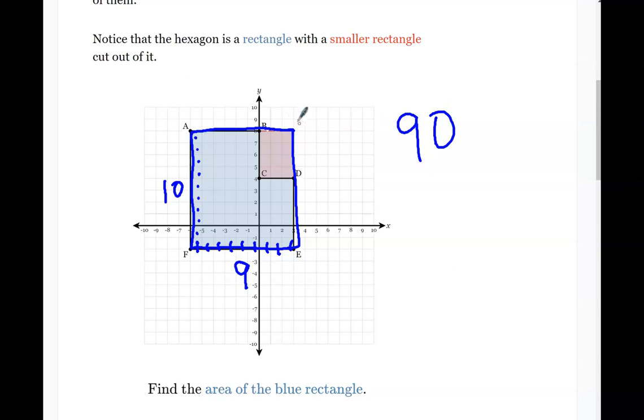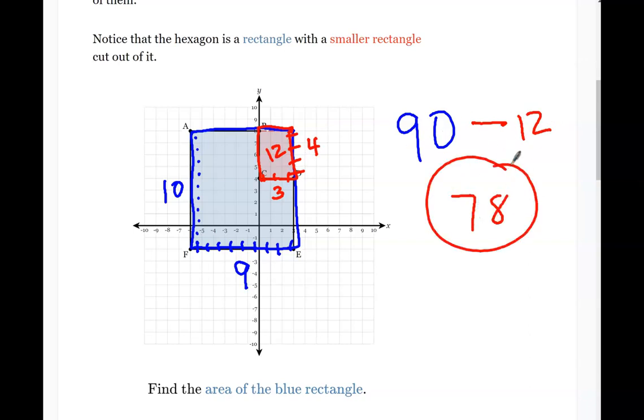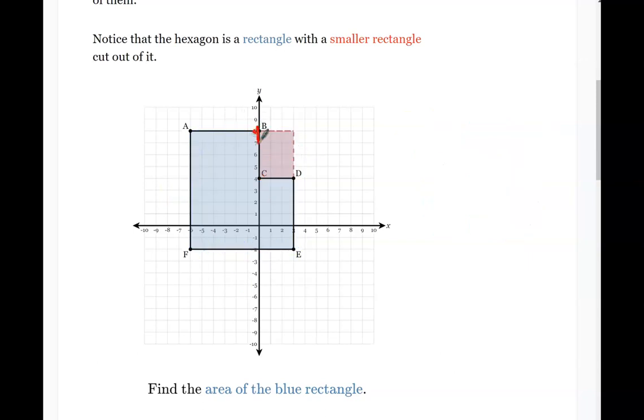But this piece over here was not actually there. So we could subtract this red rectangle if we'd like. And this red rectangle is 1, 2, 3 units by 1, 2, 3, 4, which would have an area of 12. So 90 minus 12 is also 78. It doesn't matter whether you break the shape into 2 parts or whether you enlarge the shape and then remove a part. And that's how you'll complete the questions on homework number 6.